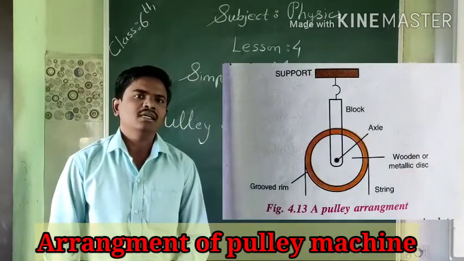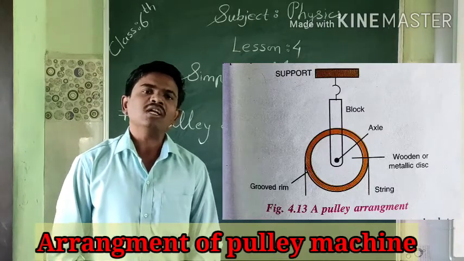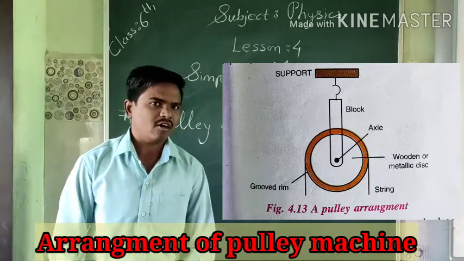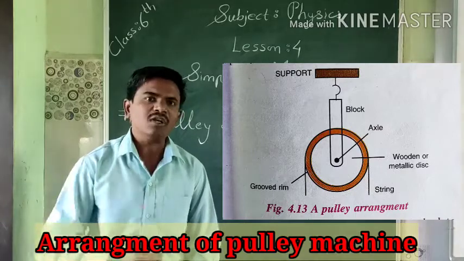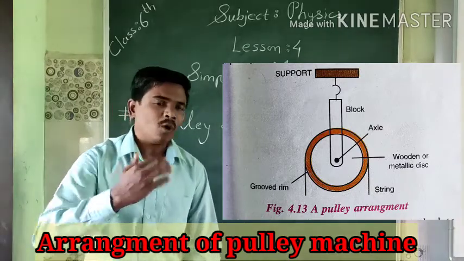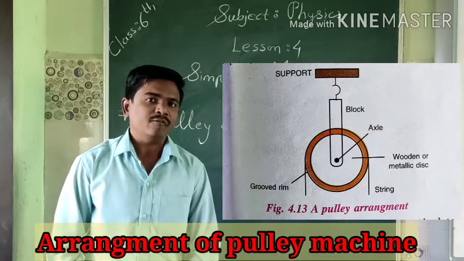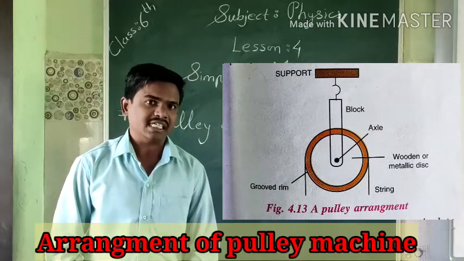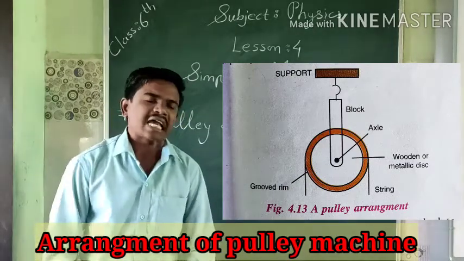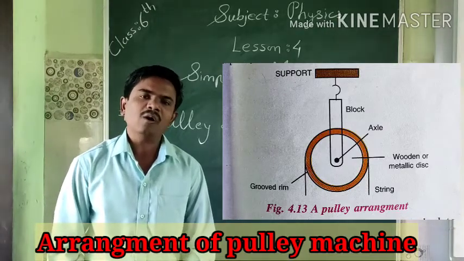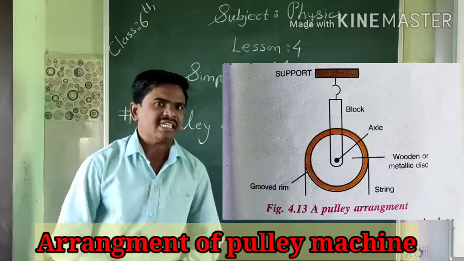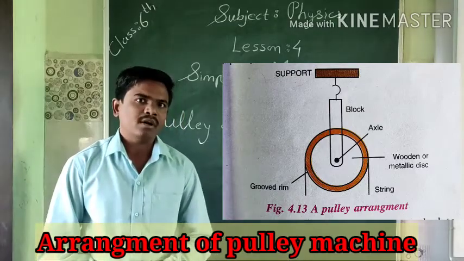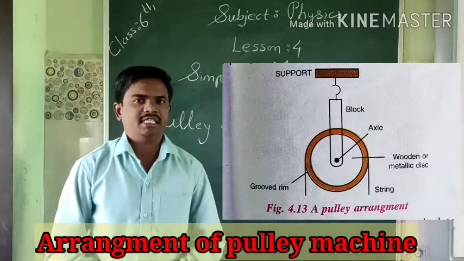A pulley consists of a circular disc which is made of metal or wood. This circular disc rotates about an axle which passes through the center. The disc has a groove along its rim through which a string or a rope passes around it.